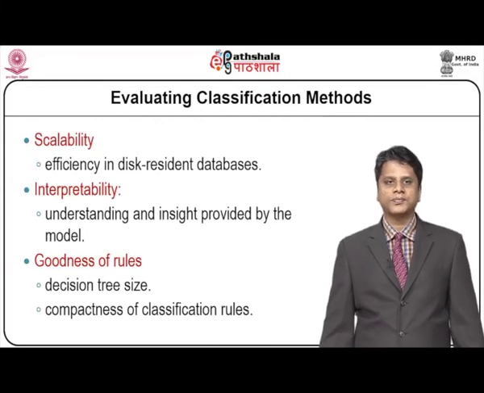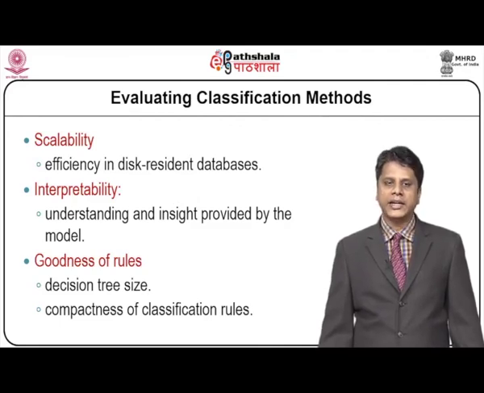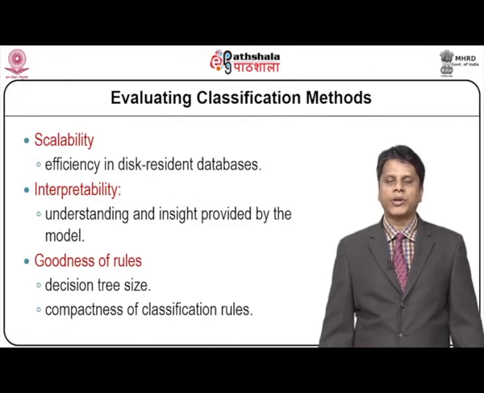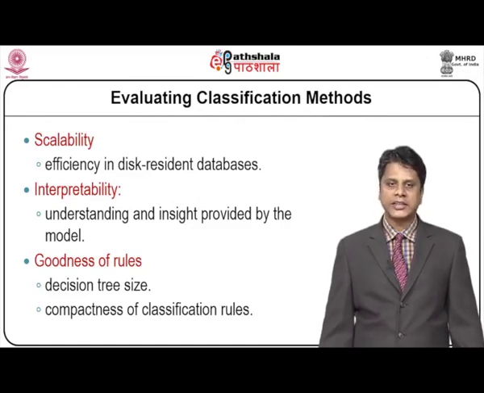Not only that, classification methods should be scalable enough so that in the case of disk-resident databases, they work efficiently, and the efficiency is prolonged as much as possible. We may also have to interpret the data or the model provided, in terms of clear understanding, so that we gain the maximum information out of it. And finally, we look at the goodness of the rule, which primarily focuses on the decision tree size and the compactness of classification rules.